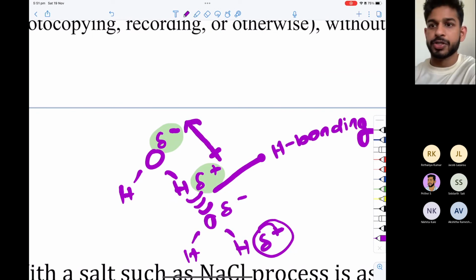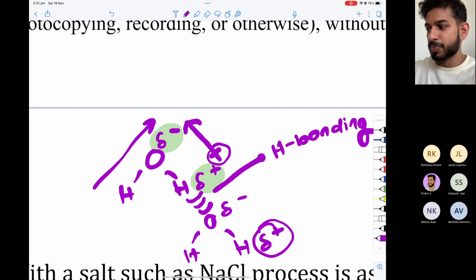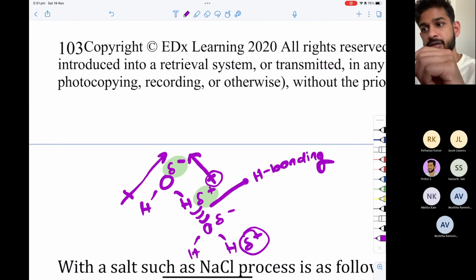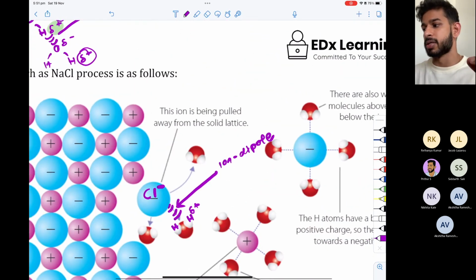We draw a little arrow to show the dipole. The positive end represents the positive end of the molecule, and the arrow tells you where the electrons are transferring to. In the case of water, there's two dipoles both facing towards oxygen. But yeah, dipole means slight uneven charge. Oxygen will have a negative dipole, hydrogen a positive dipole. So since we're forming a bond between an ion and a dipole, it's called an ion-dipole bond.